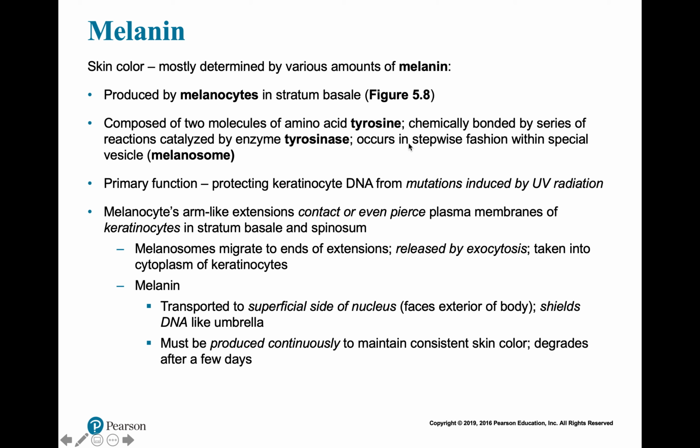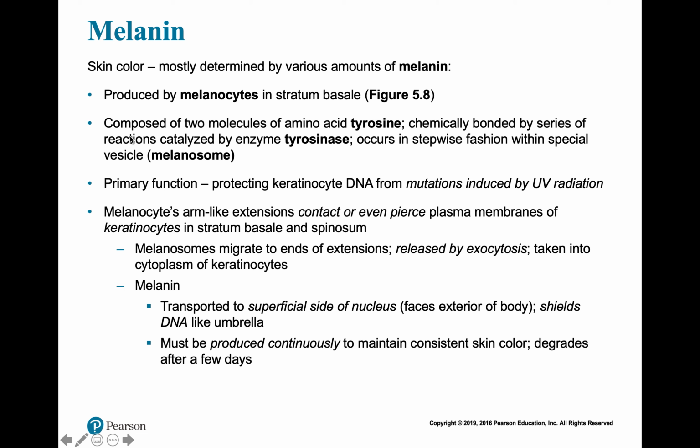Now it goes through a series of chemical reactions, and the enzyme that carries out those chemical reactions is called tyrosinase. Tyrosinase: ase refers to enzyme, and tyros refers to the tyrosine part. This enzyme is specifically found in an organelle called a melanosome.